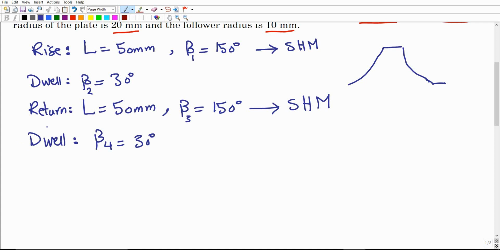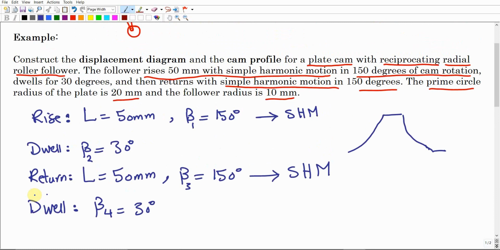We do have a gap of 30 degrees, and no information was provided to us about it, unless he mentioned directly something regarding this 30 degrees, so we have to stick to it. But in this case, he didn't give any information regarding this 30 degrees, so that's why I'm going to consider this a kind of transition between the first cycle and second cycle. So I'm going to apply here a dwell period between the first cycle and the second cycle.